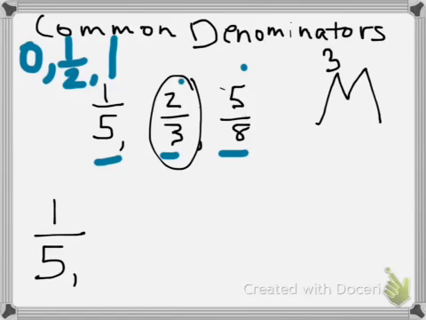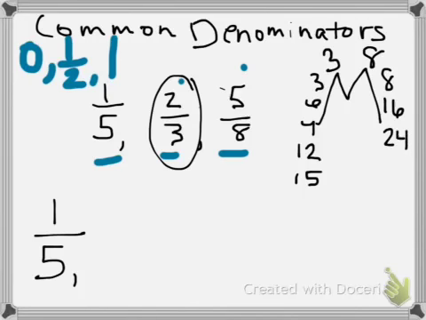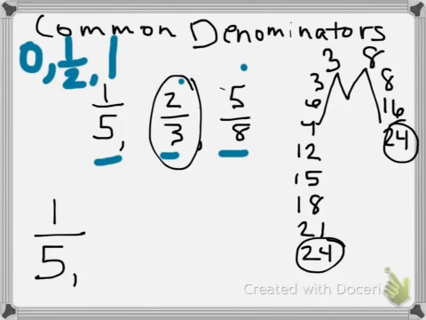So they're going to do their math, and they're going to go through and list their multiples. 12, 15, I might just stop there because I'm unsure. 8, 16, 24, oh, not there yet. 18, 21, 24. So the least common multiple they have is 24.